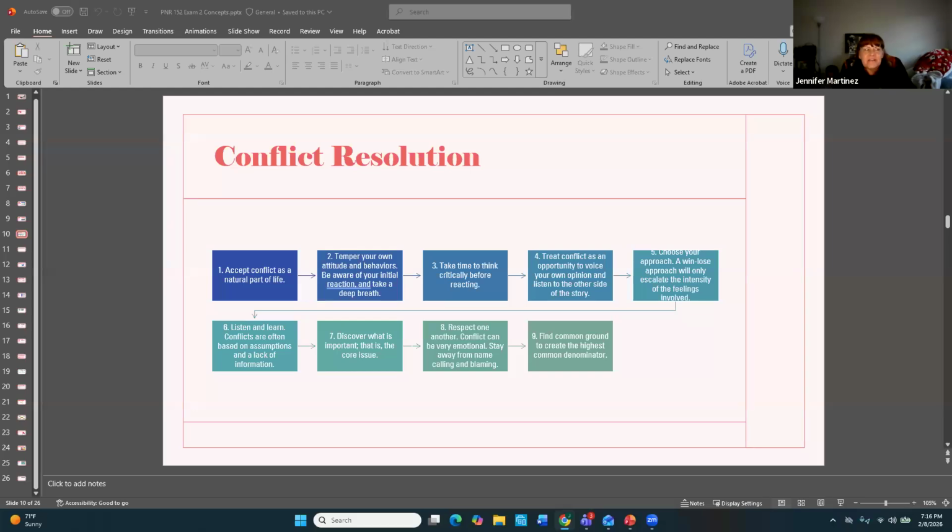Conflict resolution. So when we talk about conflict resolution, what is conflict resolution? When you have an issue with a patient, with a coworker, with anyone, it's finding some way to meet halfway and try to find a solution for each party involved, where you can meet together as one, I guess.